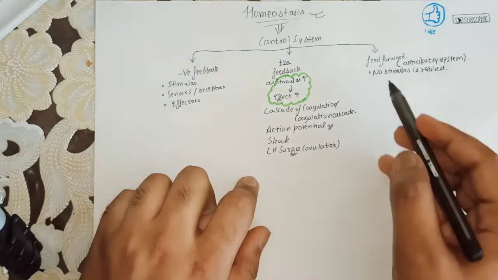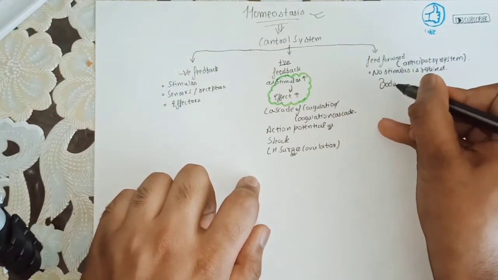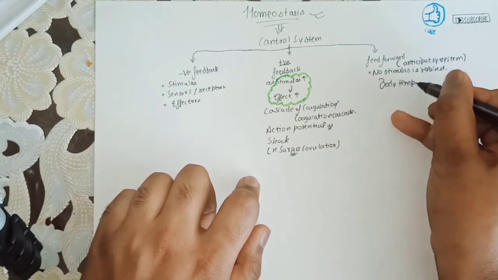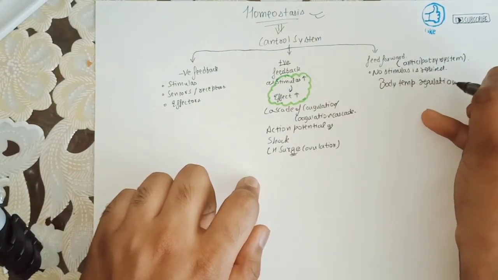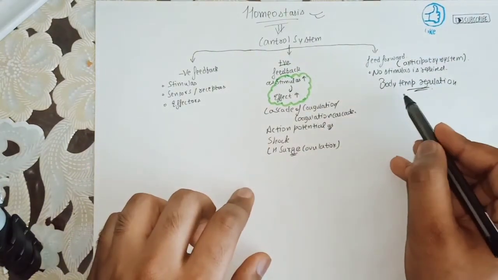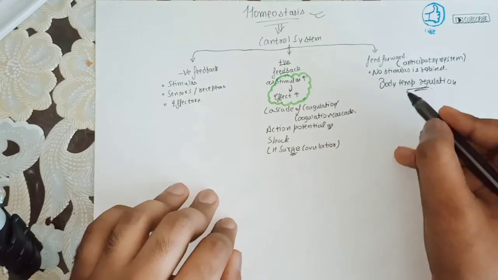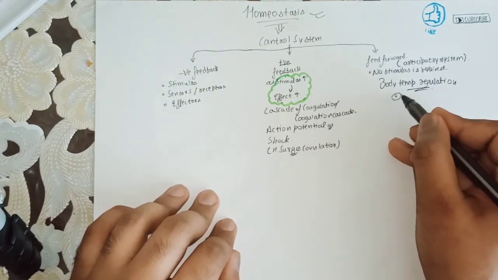So guys, what are the examples of feed forward? Such as body temperature regulation. What I mean with body temperature regulation is, guys, there are basically two body temperatures: the shell or skin temperature, and the inside or core temperature.